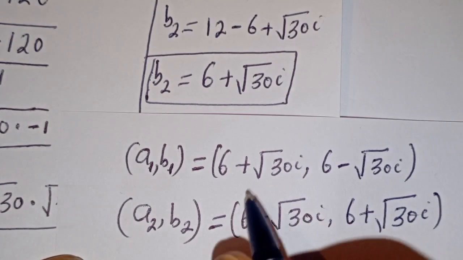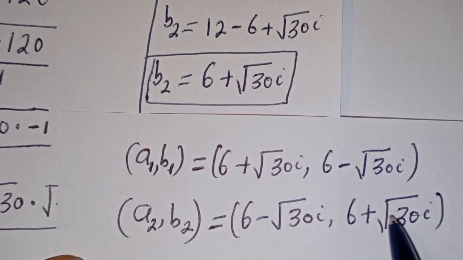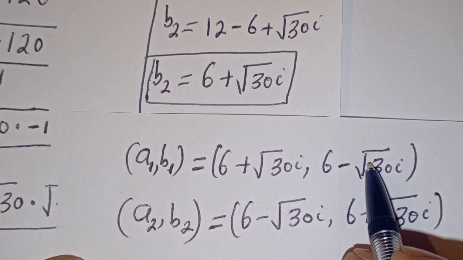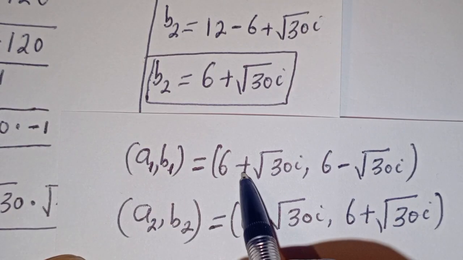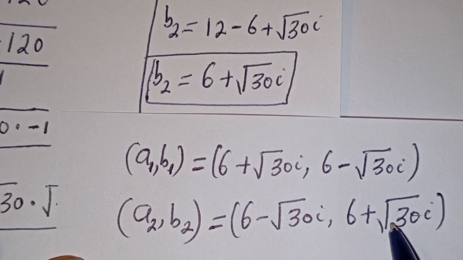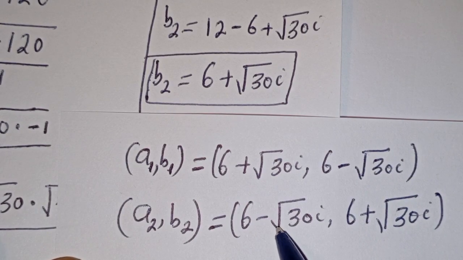We can see that the value of a1 here is equal to the value of b2 here, and the value of b1 here is equal to the value of a2 here.